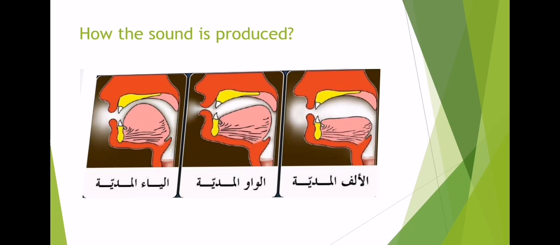I'm keeping my tongue relaxed, giving maximum space inside my mouth, and vibrating my vocal cord. How is the sound forming? The air from my lungs passes through the vocal cord, the vocal cord vibrates and produces the sound. So what I made just now is the basic sound that comes from my vocal cord.